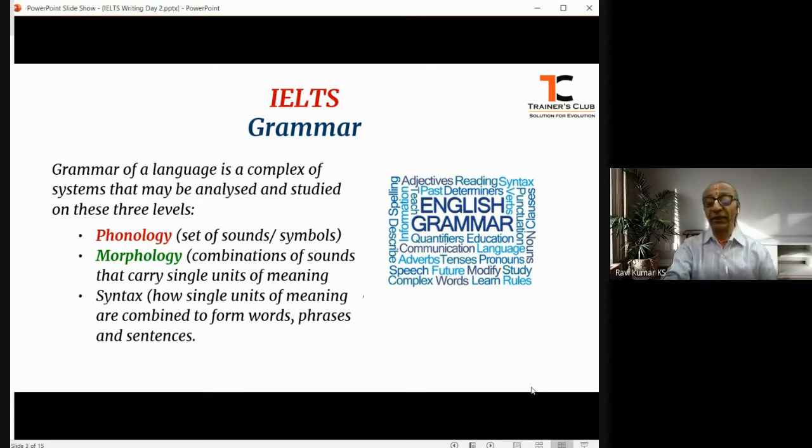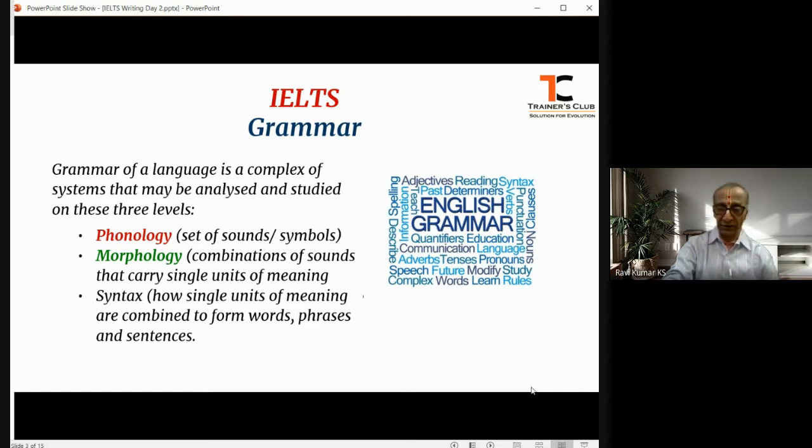It is very difficult to understand the grammar. It's not that easy because grammar itself is a very long and a very huge course. We are not deep diving into grammar, but simply taking the cream of it to understand what is grammar and how it is important for us in any language.